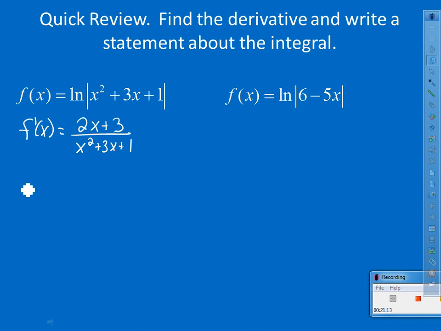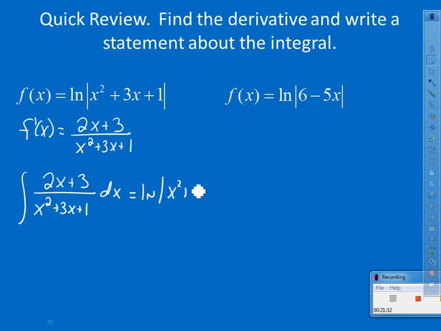Here comes my true statement: the antiderivative of 2x plus 3 over x squared plus 3x plus 1 dx is the natural log of x squared plus 3x plus 1, and I'm jamming myself on room, plus c. I'm not going to worry about that one since I jammed myself on room. But what I will do is get back to your examples on your sheet.